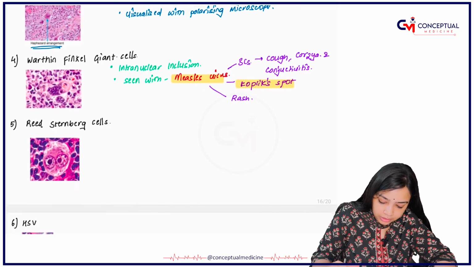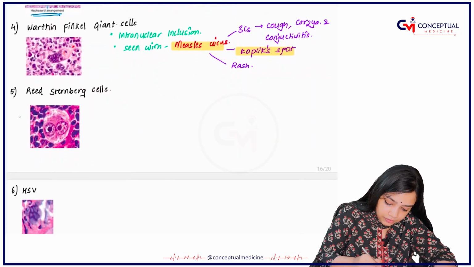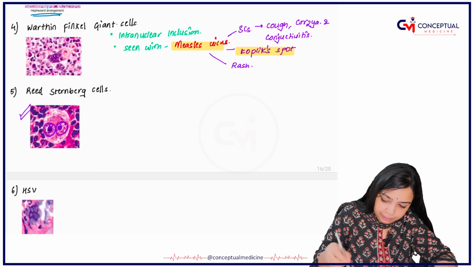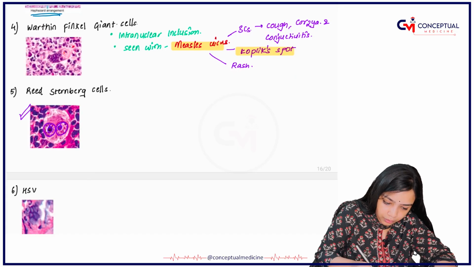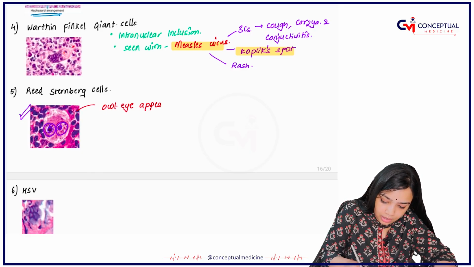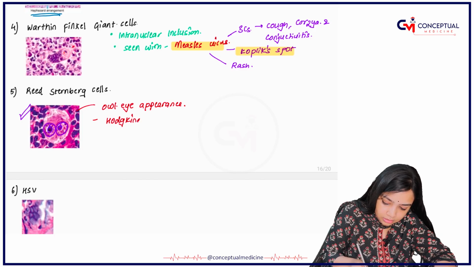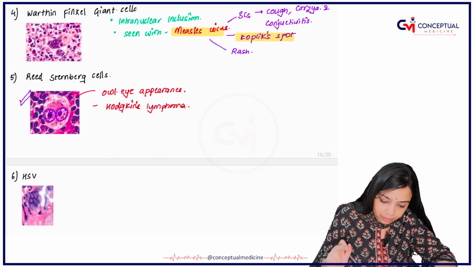Next we have is the Reed-Sternberg cells. See this figure, you are able to appreciate that something is similar to an owl-like pattern. So, it is the owl eye appearance. There is an owl eye appearance, and there is Hodgkin's lymphoma.